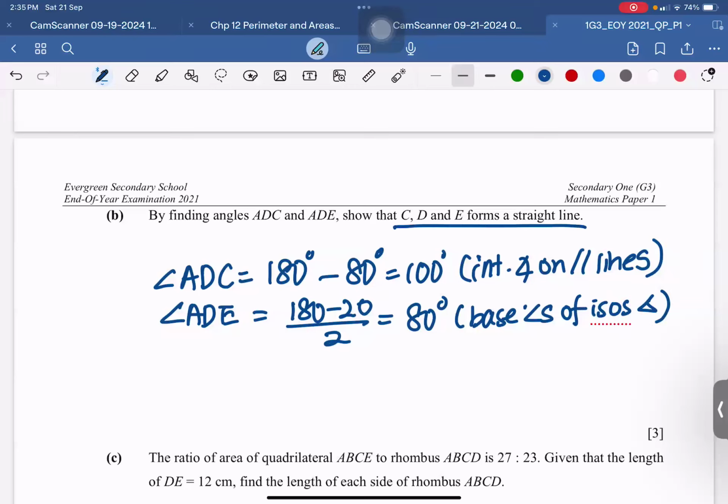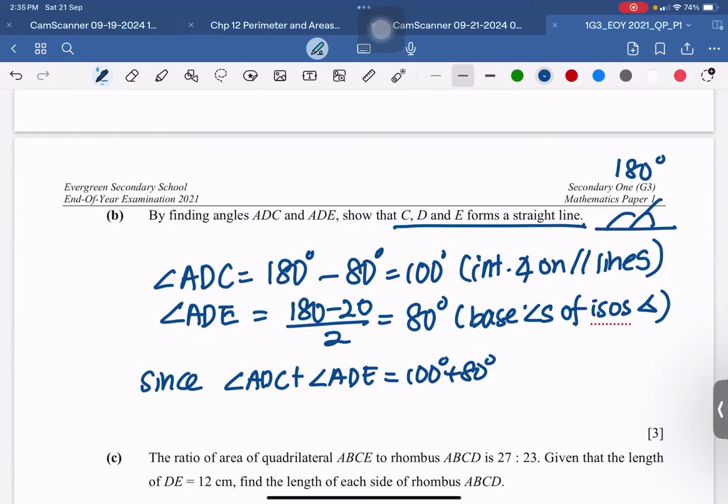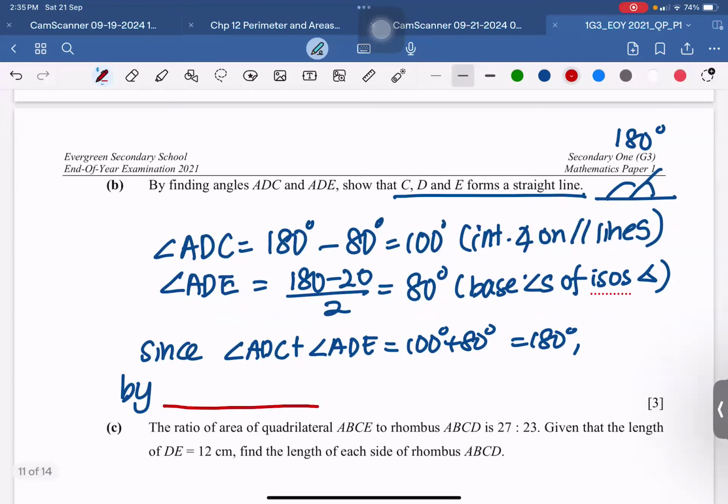They want to show that it forms a straight line. I need to think of the concept that the two angles add up to 180. So since angle ADC plus angle ADE equals 100 plus 80, you must write the angle property name. What's the name of the angle property?